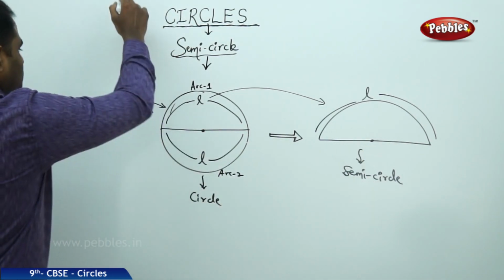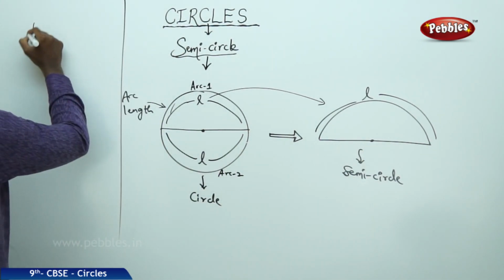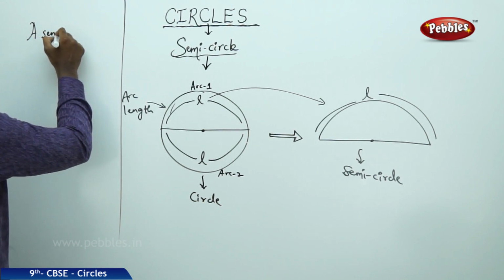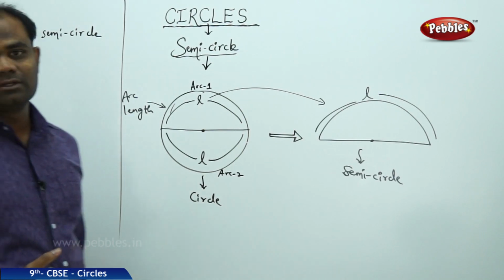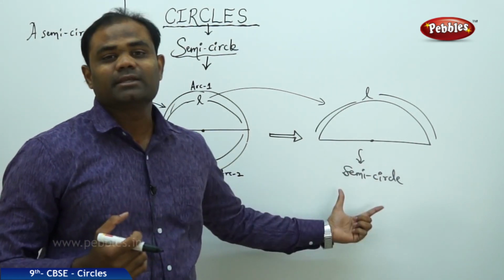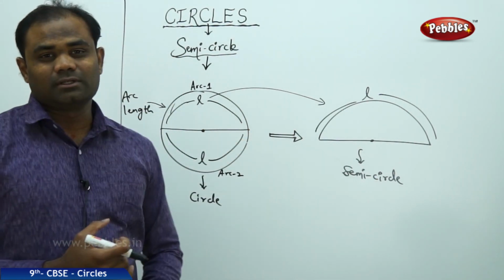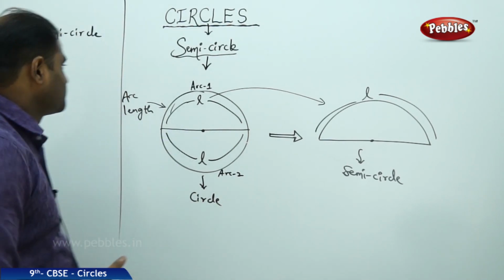Therefore, a semicircle is now defined in terms of the arc length. So let's see how we can define a semicircle for the given circle through its arc length.